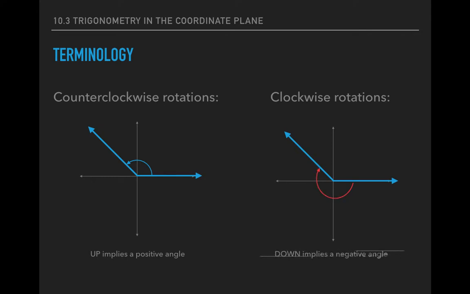We're going clockwise, and when you go down, that is going to be a negative angle measure. So if you start from your initial side and measure up and over to your angle, that's going to be a positive angle measure. But if you go down and over to your terminal side, then that's a negative angle measure.